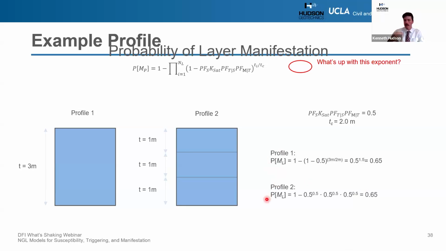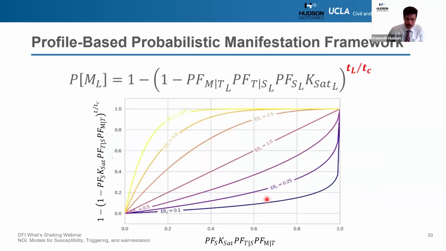So it allowed us to include thickness in our model while making it insensitive to how an analyst might discretize their soil profile. And that's just how that T over TC exponent changes it, so that if you have a thicker layer than your characteristic thickness, it produces a larger probability of manifestation, and if you have a thinner layer, it will suppress the manifestation potential of that layer.